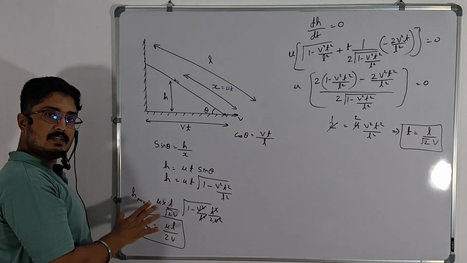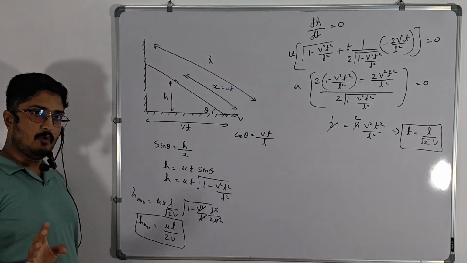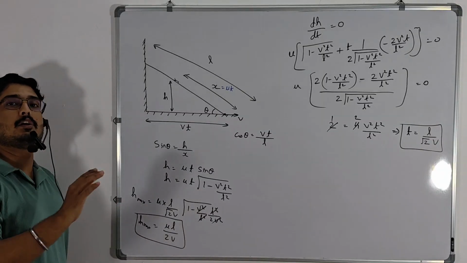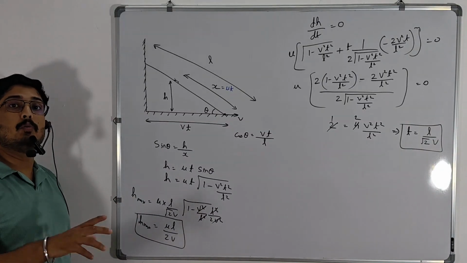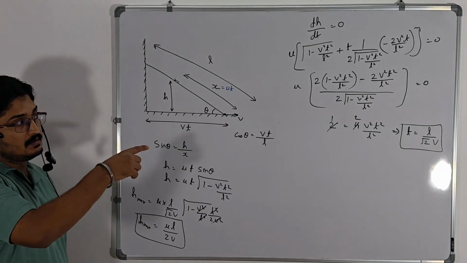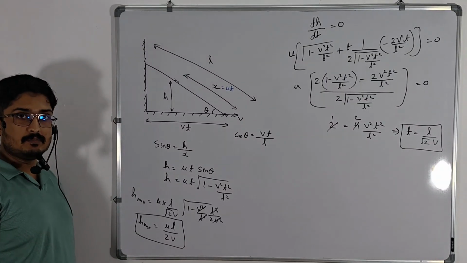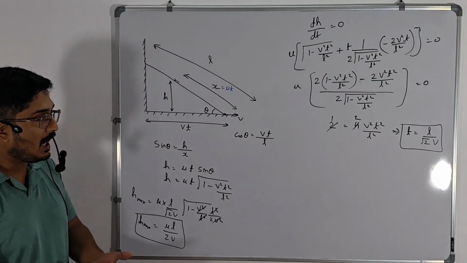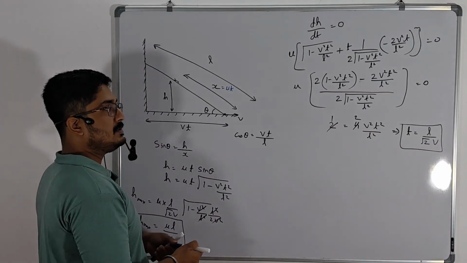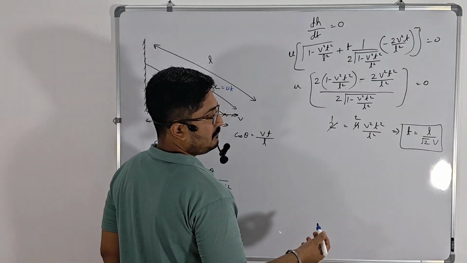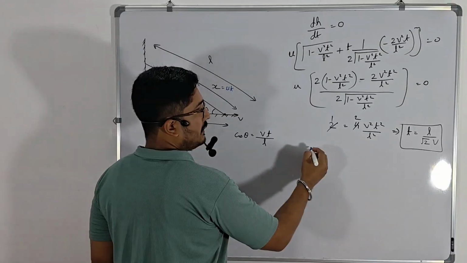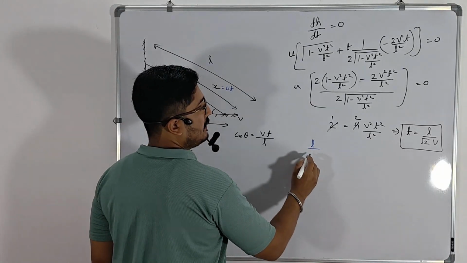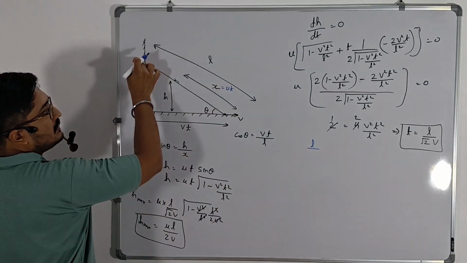So this condition is correct. This answer is absolutely correct. No problem. But what if the velocity of the beetle is much more compared to the velocity of the stick, if it is bigger? So I would write the equation like this. What if L by U, where U is the velocity it is moving with that side?